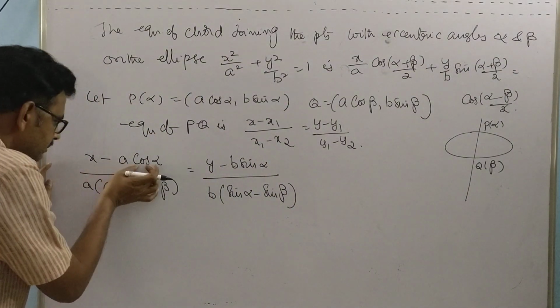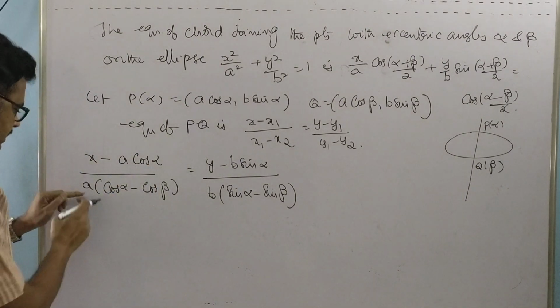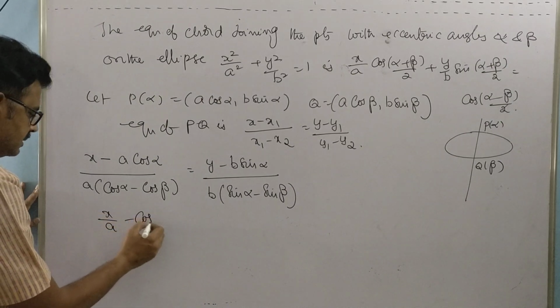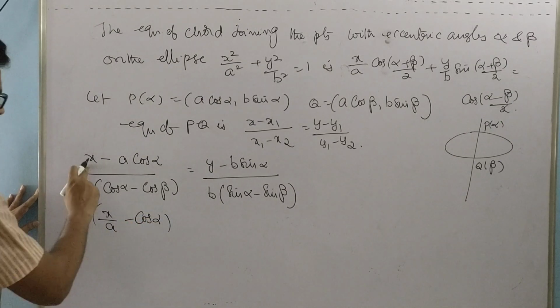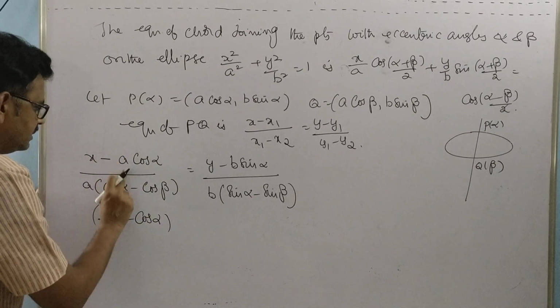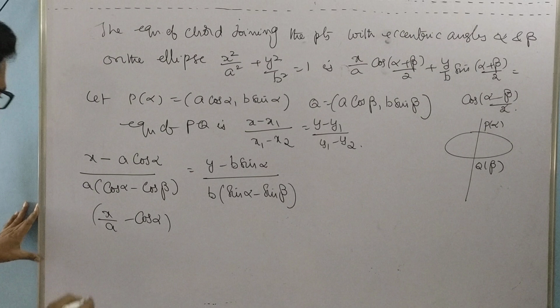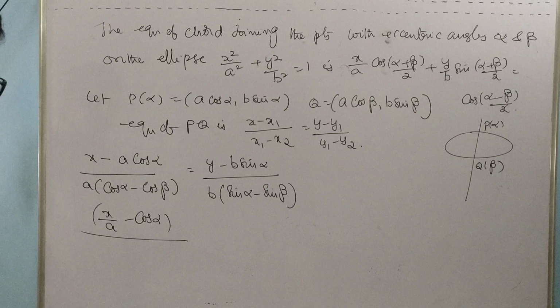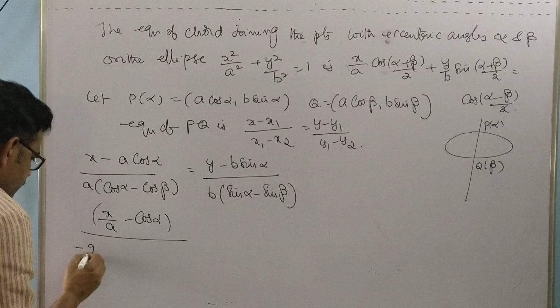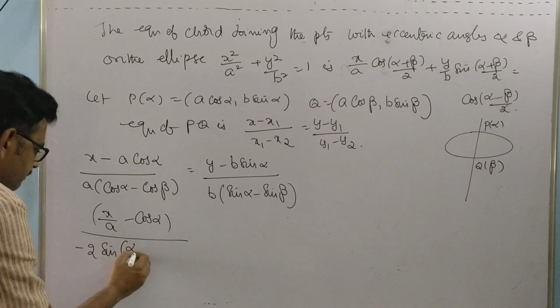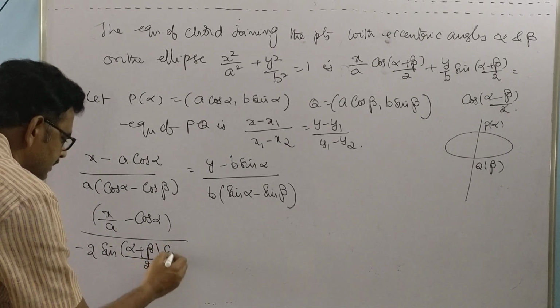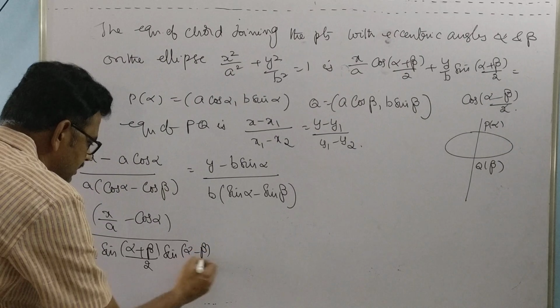Now dividing by a, this a comes here, so this is x by a minus cos alpha by cos alpha minus cos beta. This is the cos C minus cos D form, which is minus 2 sin of (C plus D) by 2, that is (alpha plus beta) by 2, into sin of (alpha minus beta) by 2.